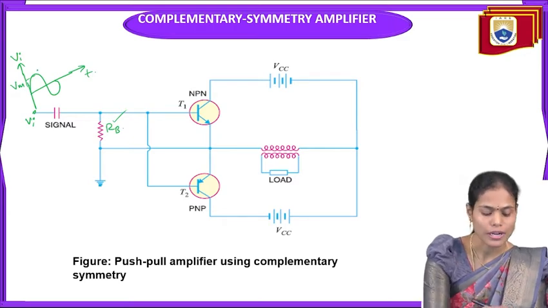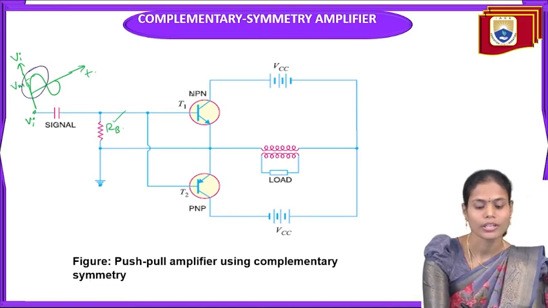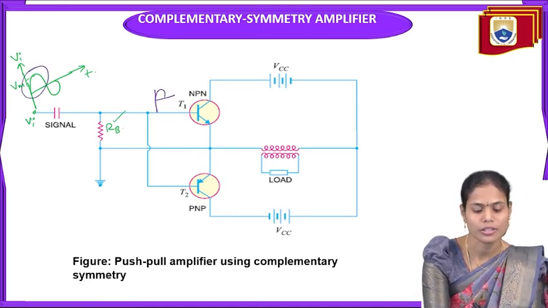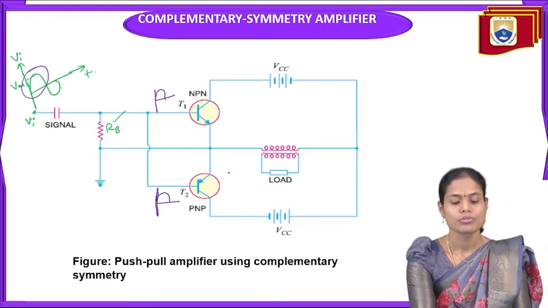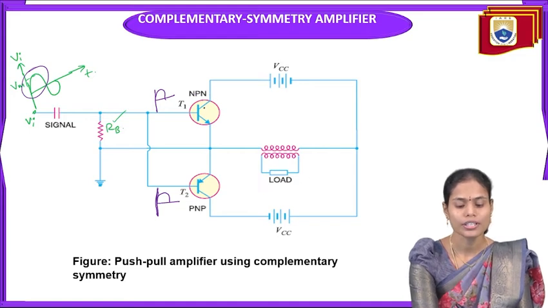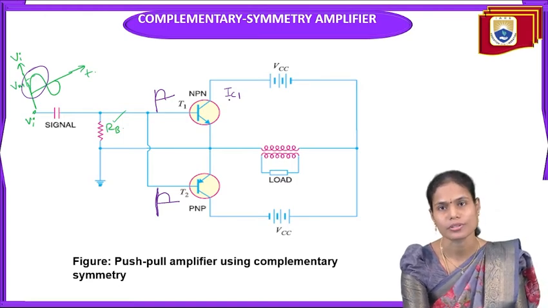So for the positive half cycle, the same signal also appears across transistor T2. T1 is going to conduct because it is the NPN transistor, so the current IC1 will flow in this transistor.